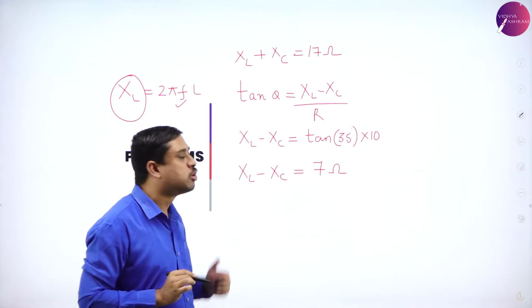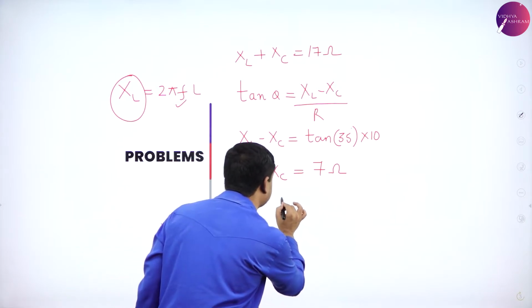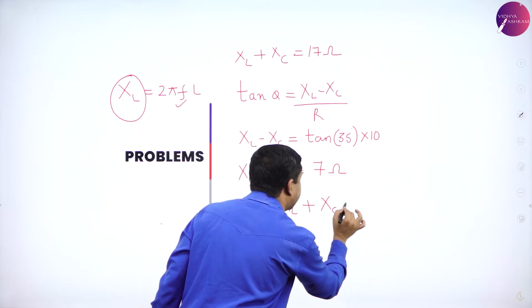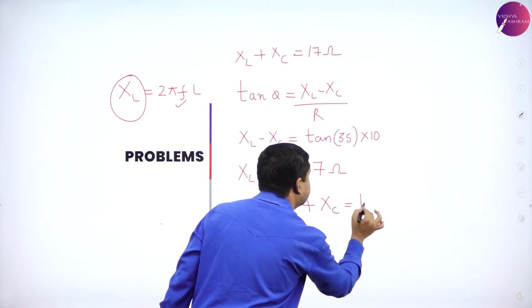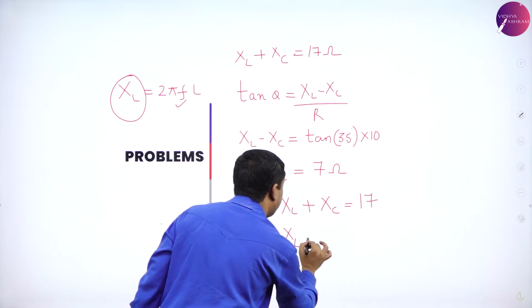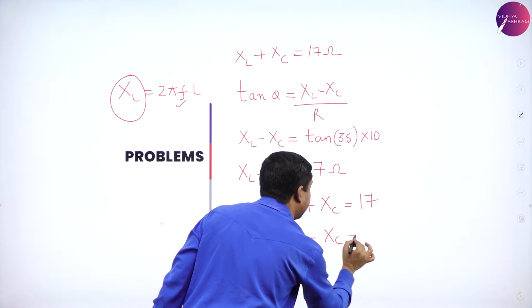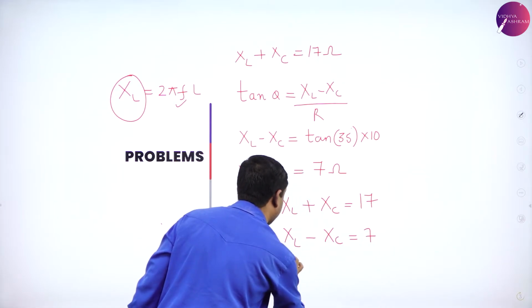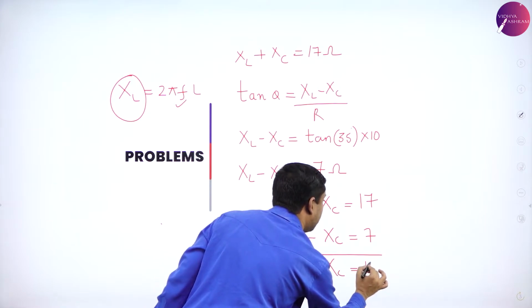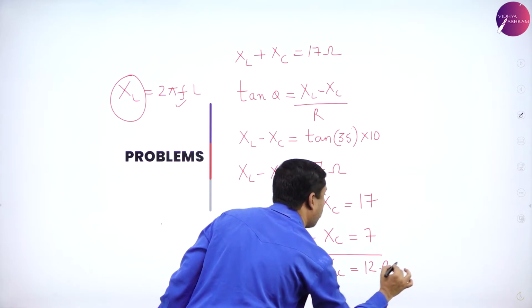Now I have two simultaneous equations. XL plus XC is 17. XL minus XC is 7, from which XL is 12 ohms.